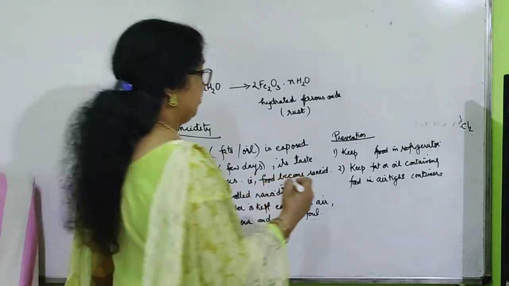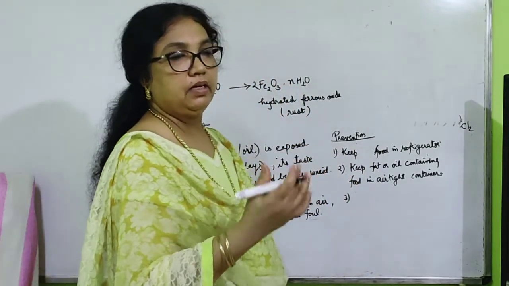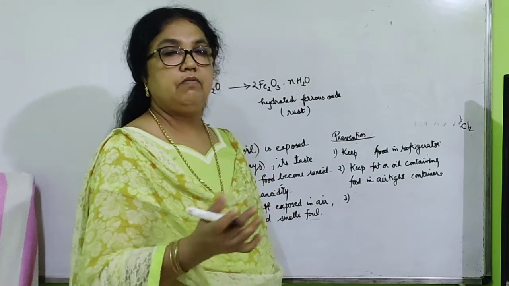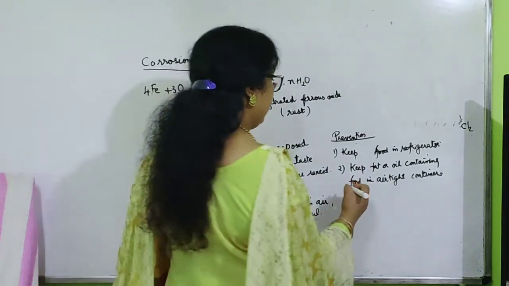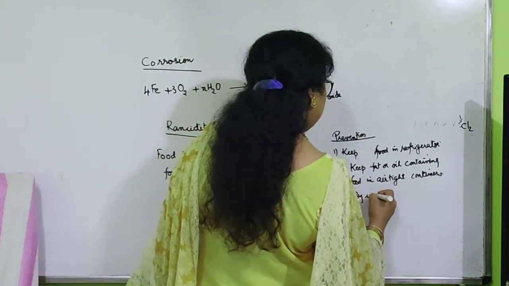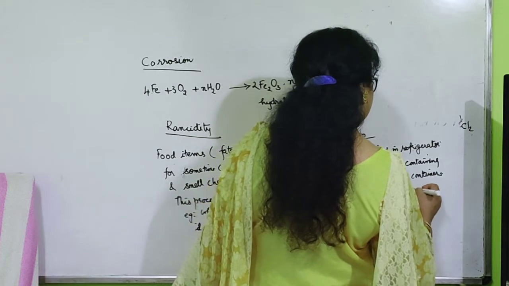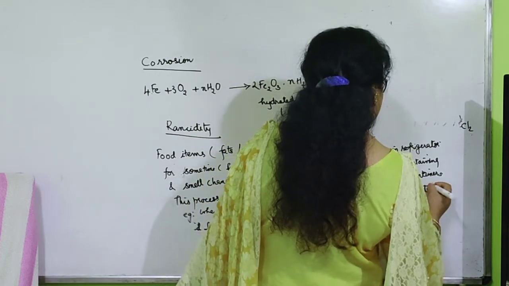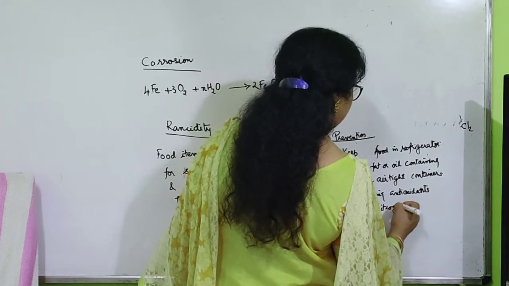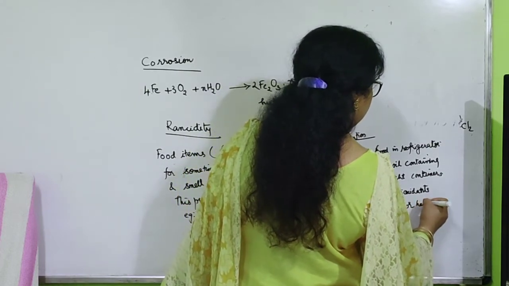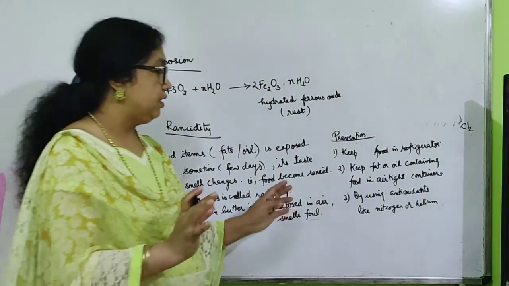So, using antioxidants: the chemicals which prevent oxidation are called antioxidants. Antioxidants like nitrogen or helium gas can be used.